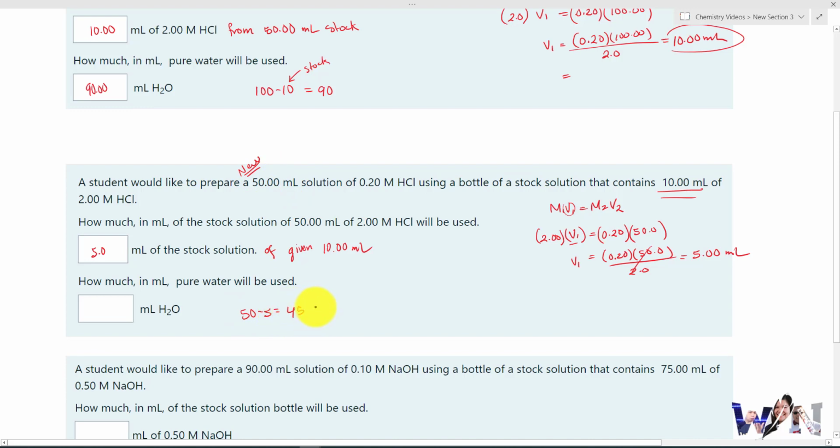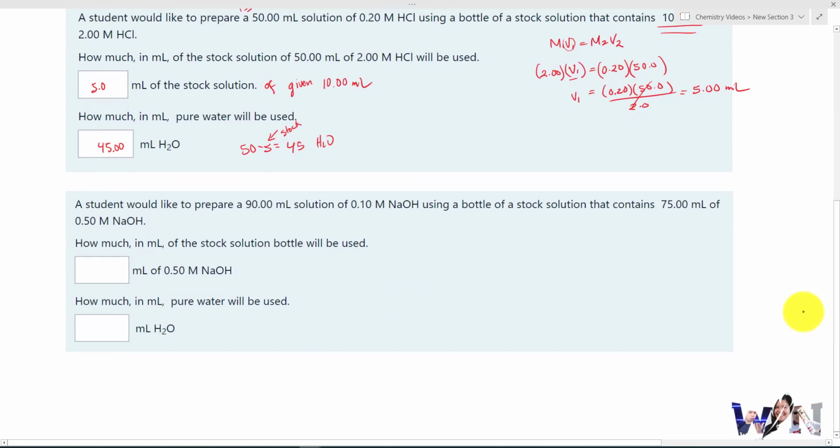And this 45 here is just H2O. This is your stock solution right there. We only use 5 milliliters, so over here we only need 45 milliliters of pure water. As you can see the pattern, when we make a solution that's less concentrated, all we need is adding pure water. Now let's try the last problem together.